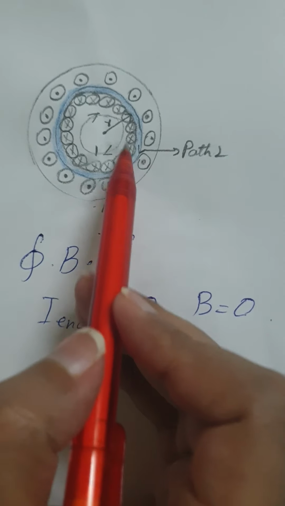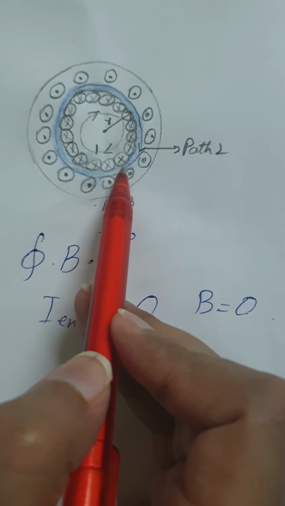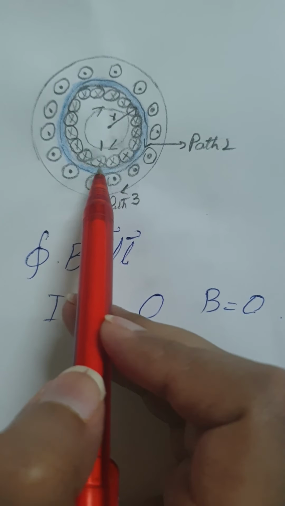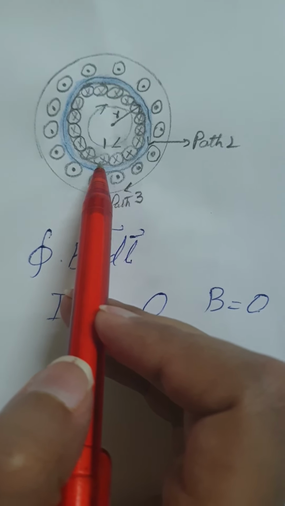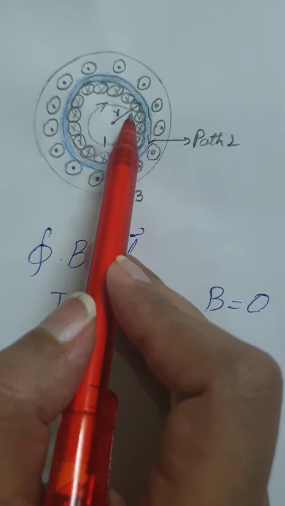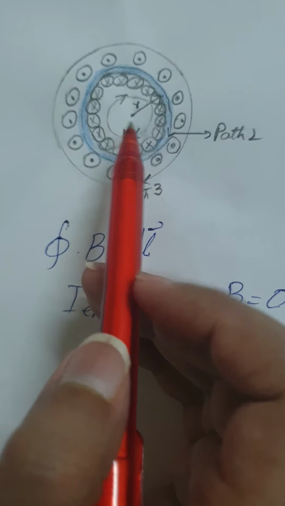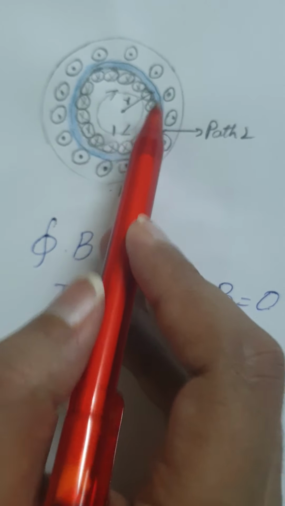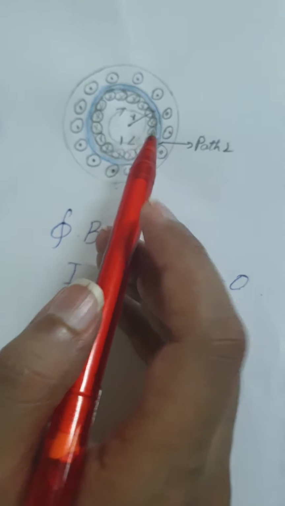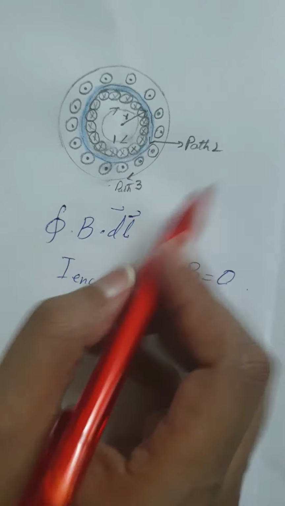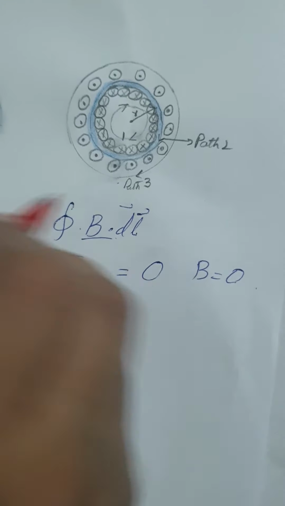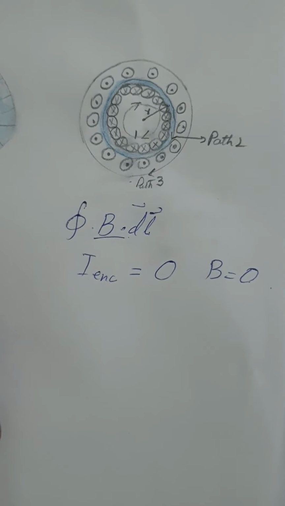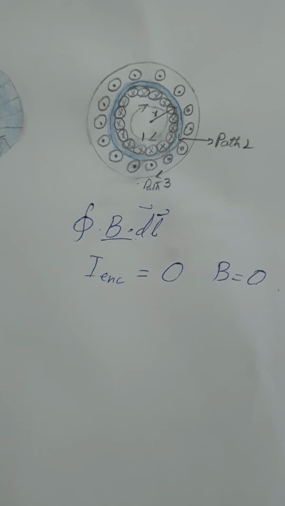Now let's consider path 2, this path 2, a circle with radius r. Again, by symmetry, we expect the magnetic field B to be tangent to the path, and the integral of B dot dl here again becomes B times 2 pi r, the circumference of the circle.